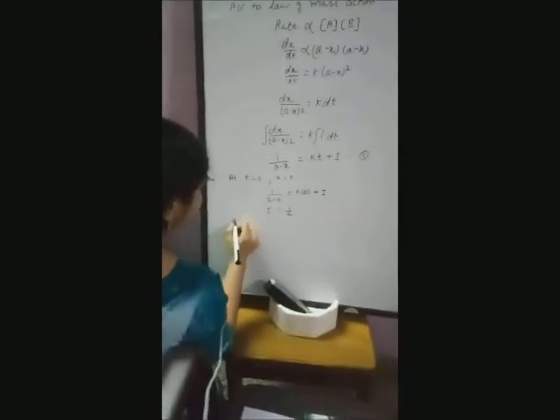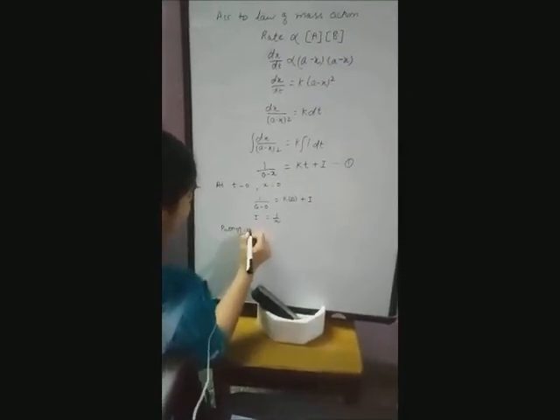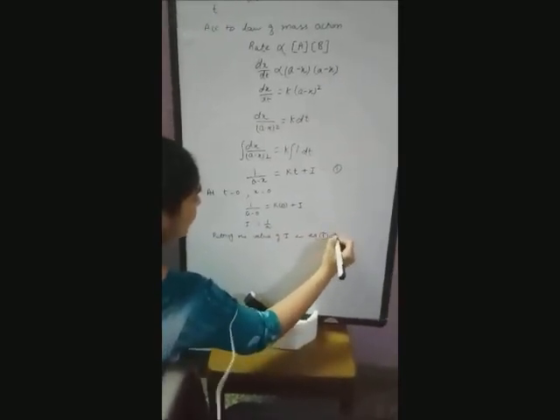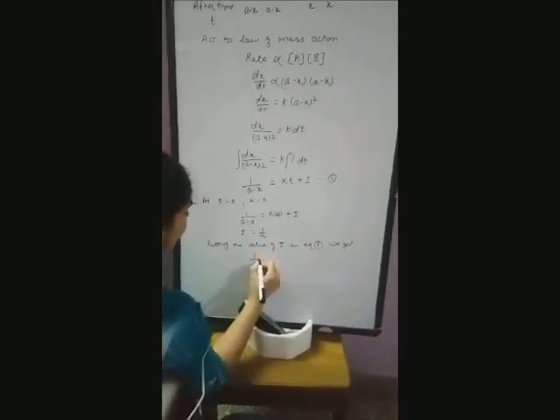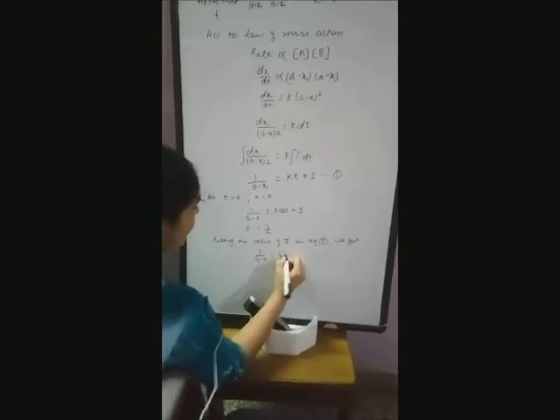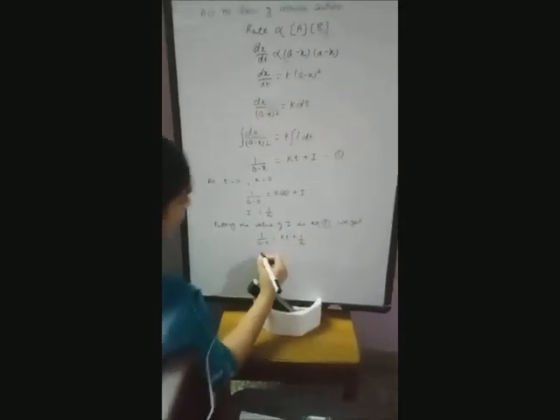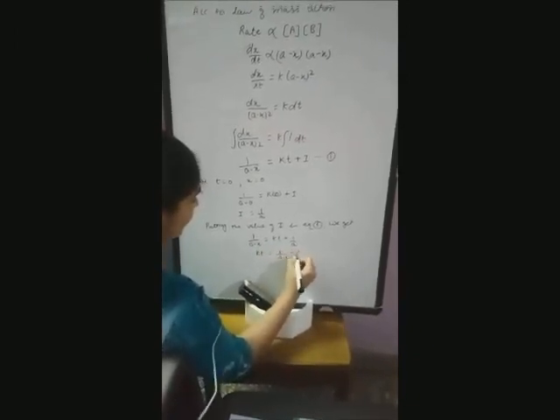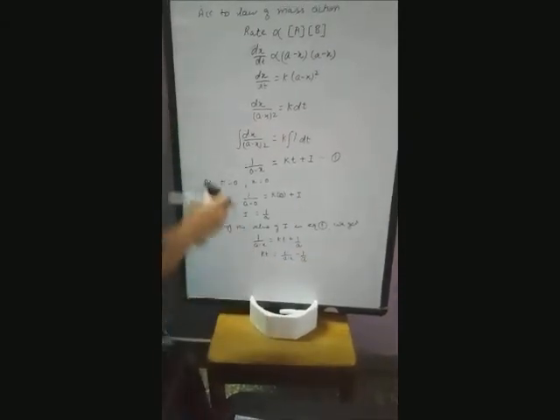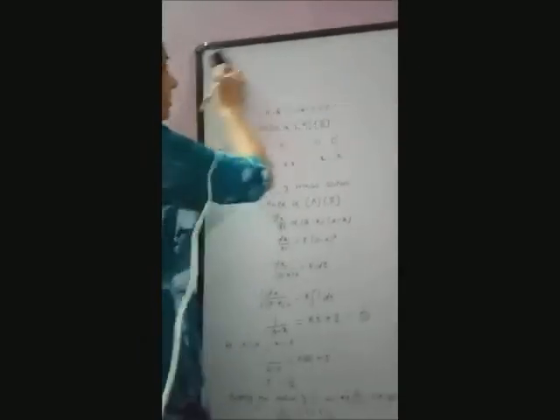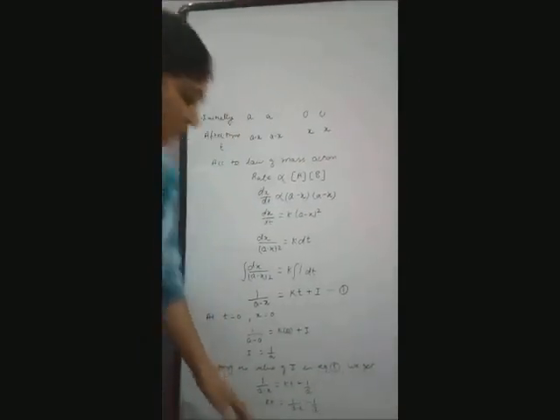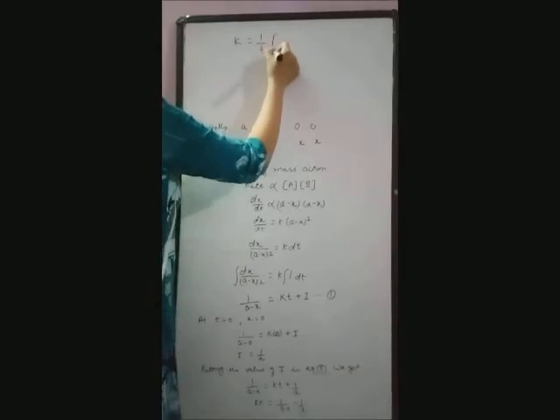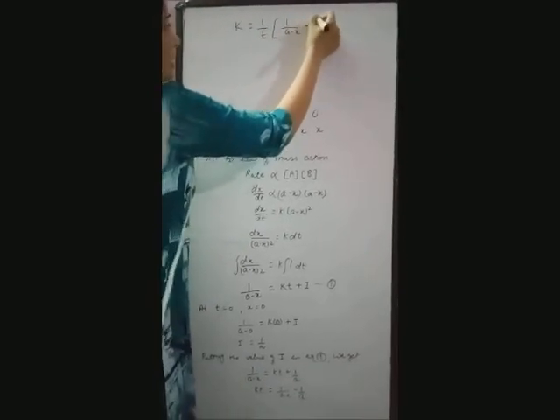Substituting the value of I in equation 1, we get 1 upon A minus X is equal to KT plus 1 upon A, or KT is equal to 1 upon A minus X minus 1 upon A. Or K is equal to 1 upon T, (1 upon A minus X minus 1 upon A).